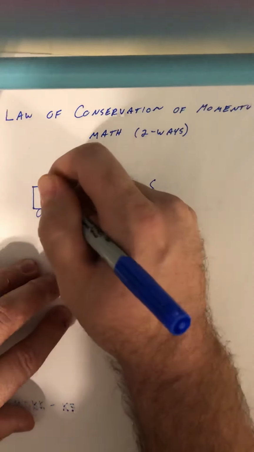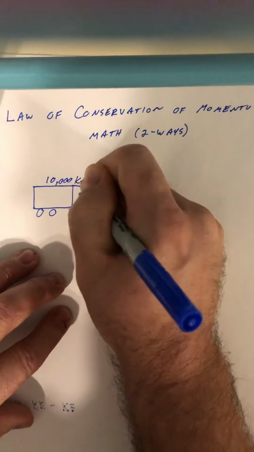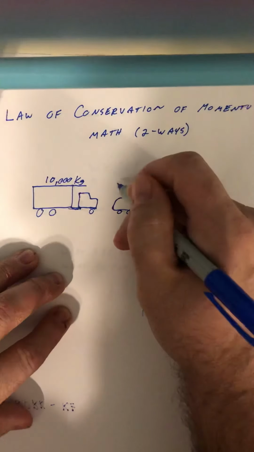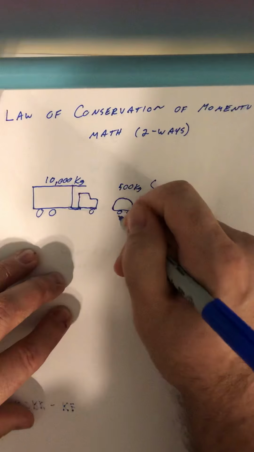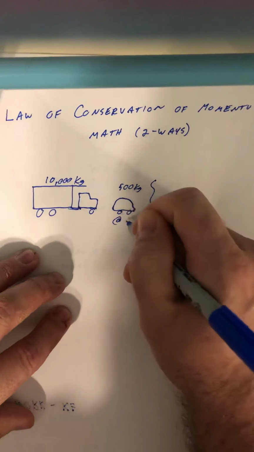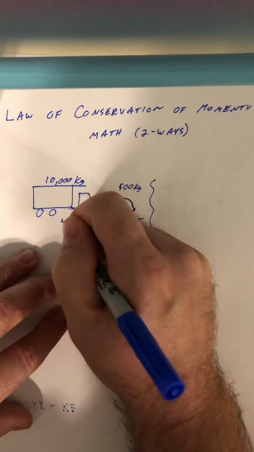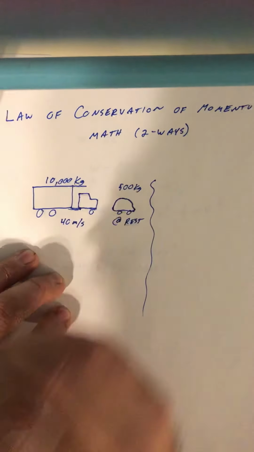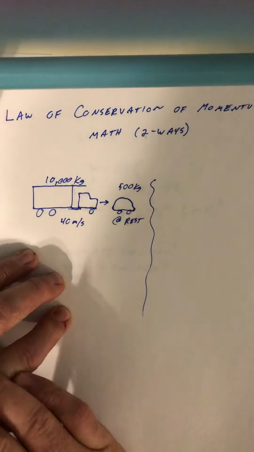So we have this dump truck, and let's make its mass 10,000 kilograms. And let's make the smart car 500 kilograms, and say that it is at rest, so it's stopped. And this dump truck is moving at 40 meters per second into the rear end of this vehicle.